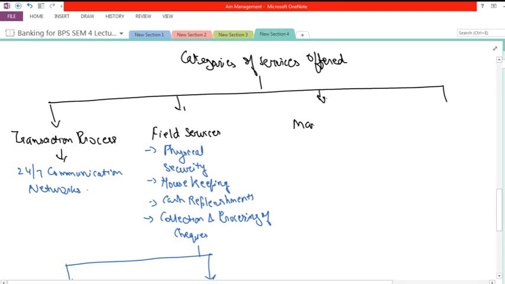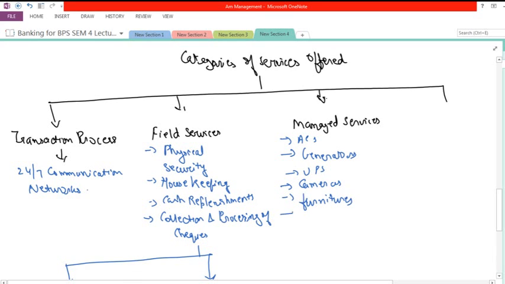Then we have managed services. Now, managed services का मतलब है कि these are the services which are involved in type of provision of certain things like ACs, then generators, UPS, cameras, furnitures, fixtures.